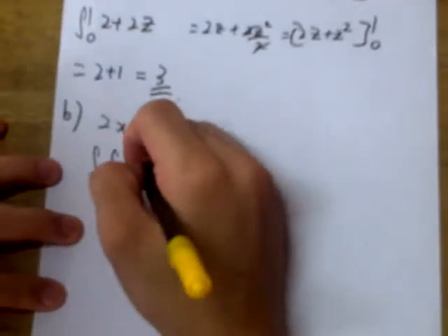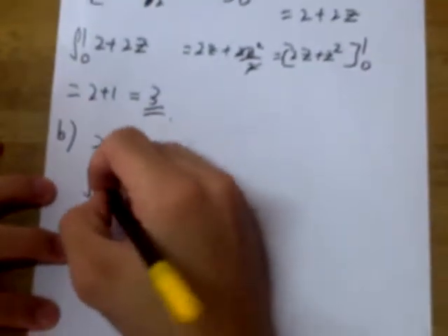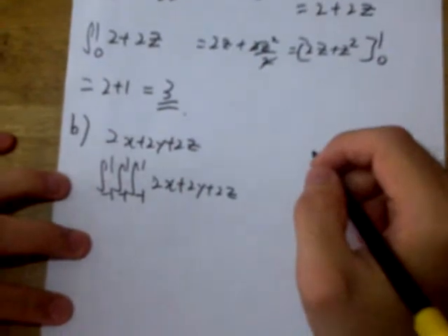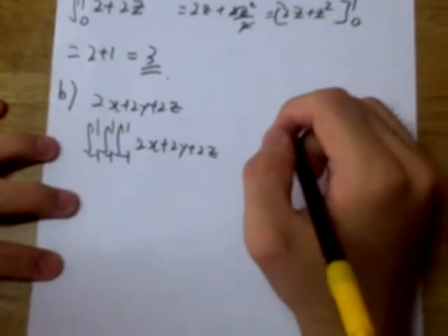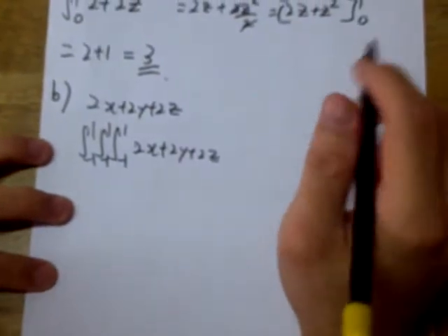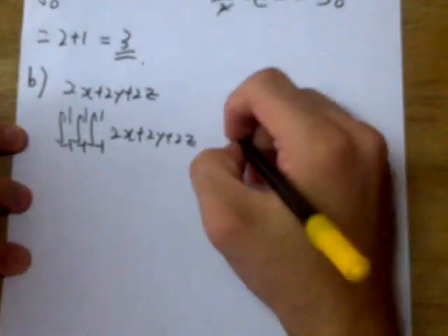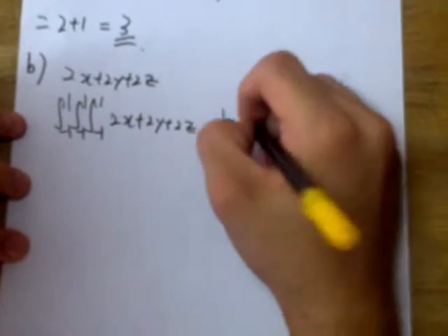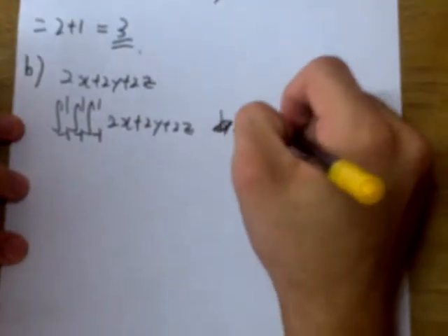between 1 and negative 1, 1 and negative 1, 1 and negative 1, because the question said the cube is bounded by the planes x equals plus or minus 1, y equals plus or minus 1, and z equals plus or minus 1, dx, dy, dz.